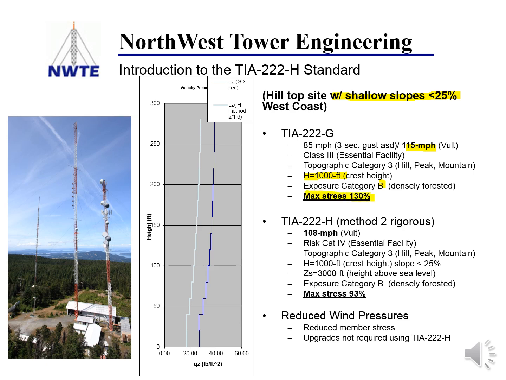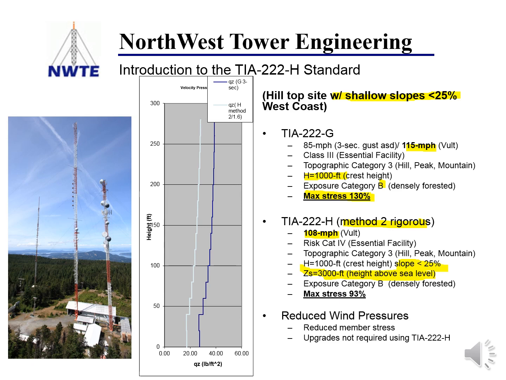So there you go, still 130%. But using method 2, the rigorous approach, my wind speed is down. I'm at 3,000 feet, so we know that's going to help. So the other thing that really helped was the slope less than 25%.